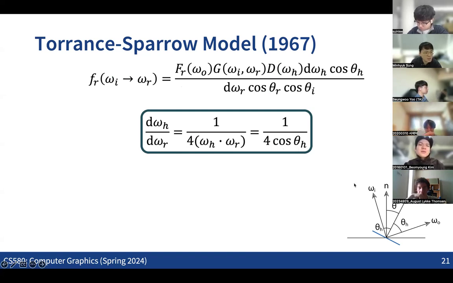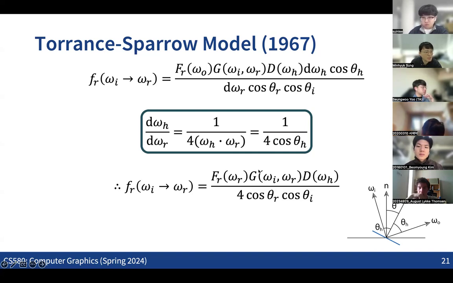This theta h is the angle between the outgoing direction and the half-angle vector. It should also be the same as the angle between the half-angle vector and the incoming direction. So if we further replace this part into this equation, then we can derive the final model like this.